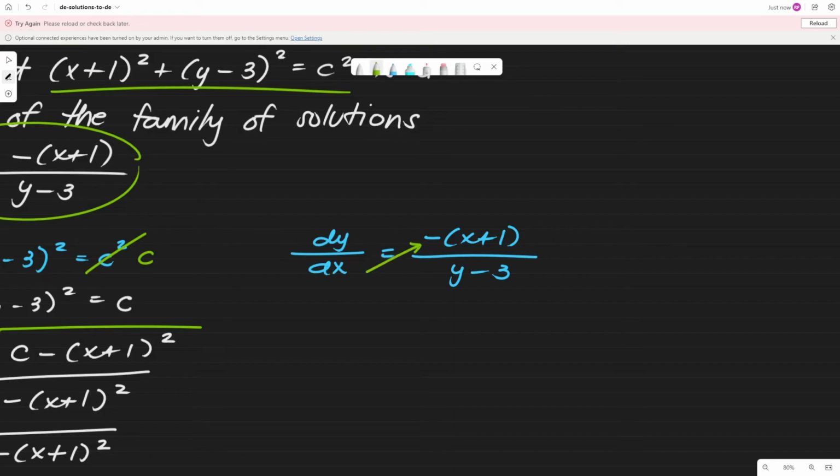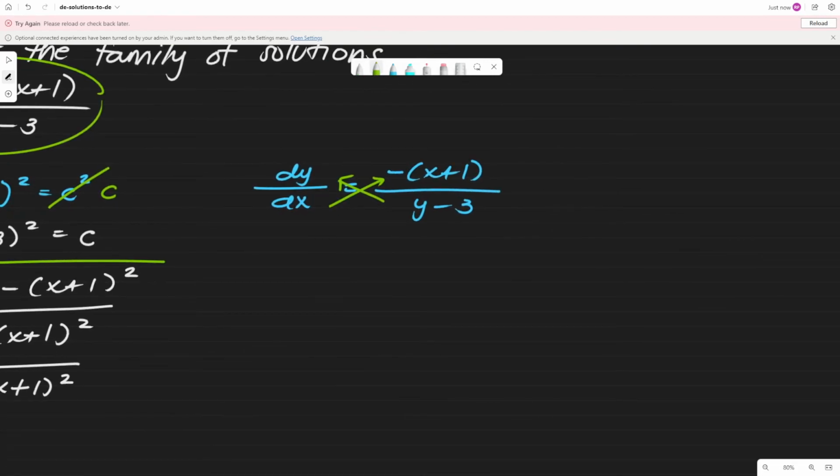So, simply cross-multiply lang. Pero not all the time cross-multiply, ha? Nagkataon lang na dito is simply cross-multiplication will do. So, we have here y minus 3 dy is equal to negative x plus 1 dx.